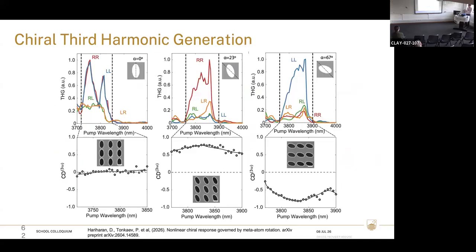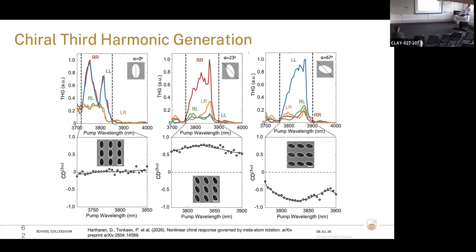If we have a closer look at certain angles, for 0 degree, for 23 degree, and 67 degree. For 0 degree, we do observe significant enhancement of the harmonic generation at the resonances.